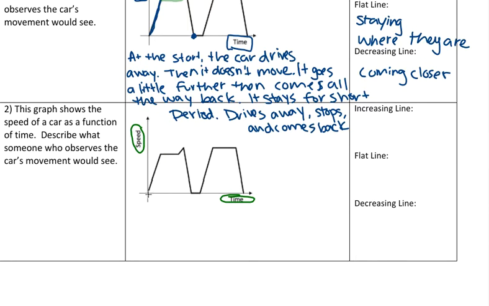So a speed, as time goes on, if the speed is getting faster and faster, that means that they are increasing their speed. They're kind of stepping on that gas. They're going faster. Okay, if it has a flat line, that means that they're staying the same speed.